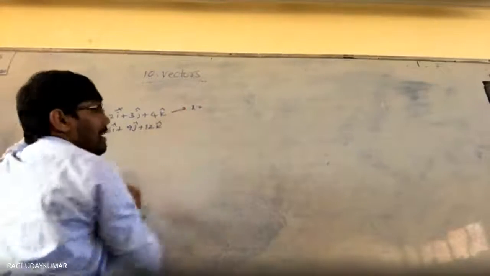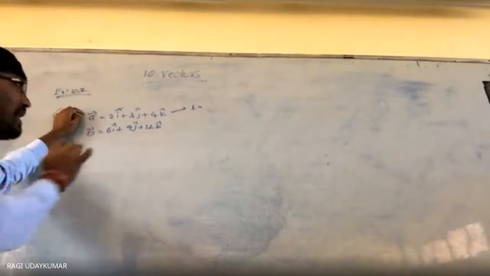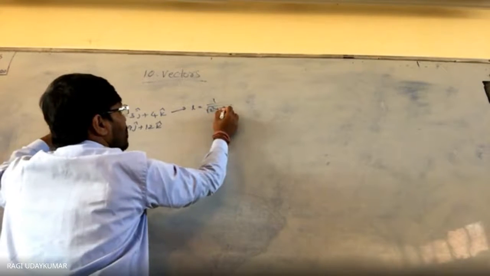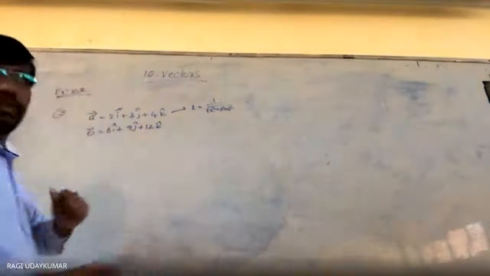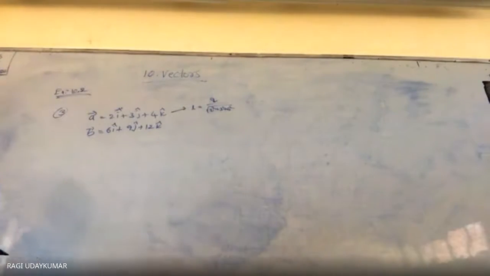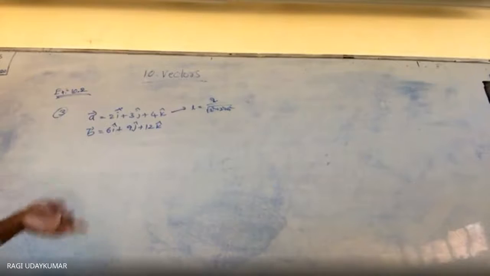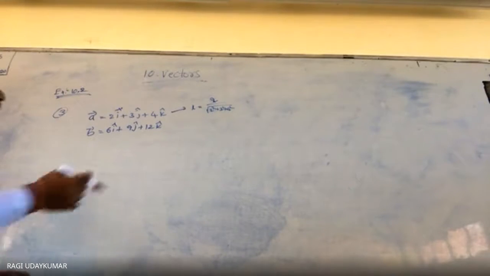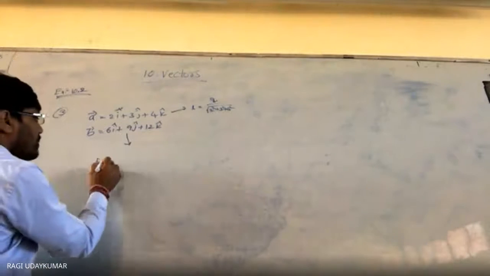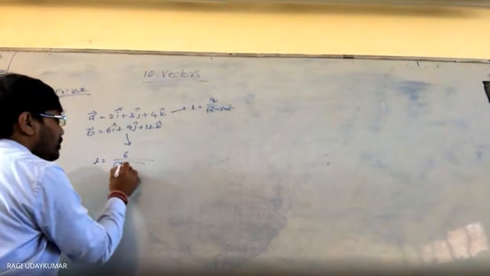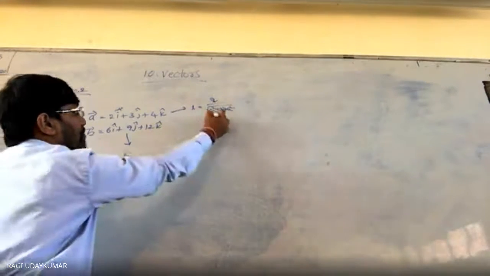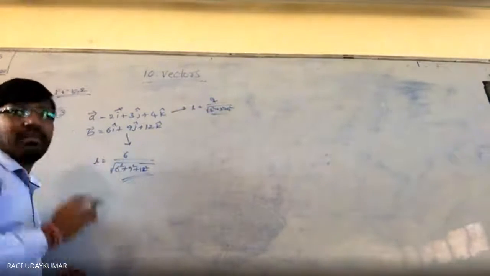To find its direction cosine, it is represented by l. l is 2 by under root of 2 square plus 3 square plus 4 square. So here what do we get? l is equal to 6 by under root of 6 square plus 9 square plus 12 square. Simplify both of these, and you are going to get the same number.